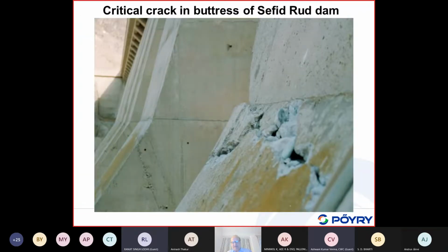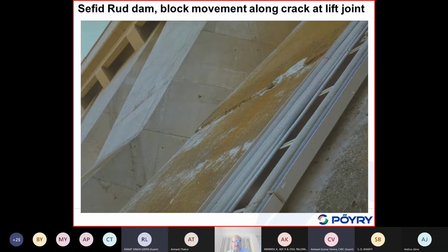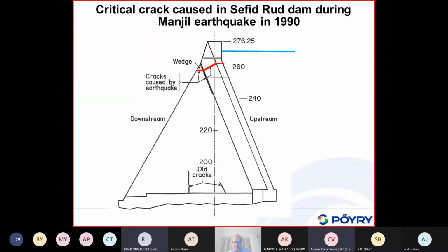We have cracks at kinks, and we have blocks which are formed, free blocks formed by cracks along lift joints and along construction joints between the web and the buttress head. I've shown here already how cracks could develop.